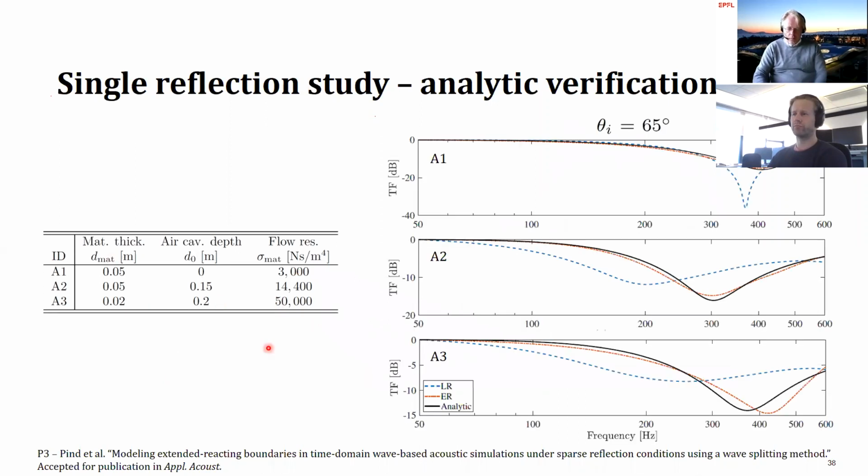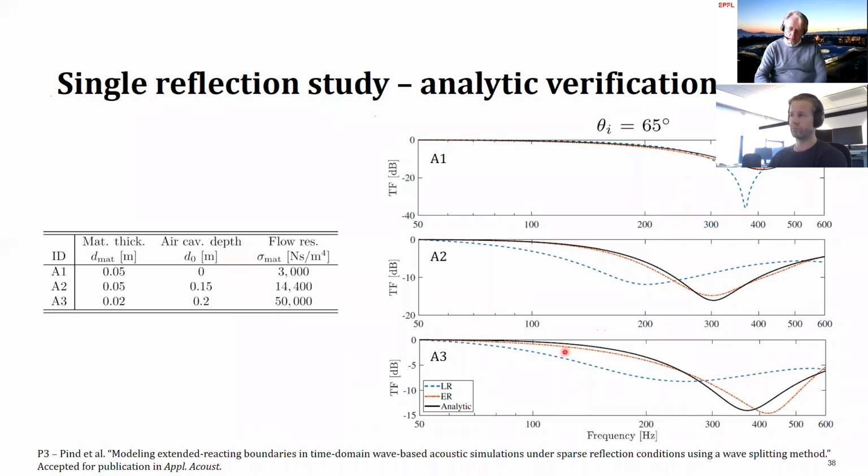And if we look at the transfer function between a source and a receiver for a particular incidence angle, 65 degrees in this case, then we see that the red line, the extended reaction method we have developed, gives a much better match to the analytic or true solution as compared to using the commonly used local reaction assumption. If we compare the 3 different transfer functions, we see that we do best with A1 and worst with A3.